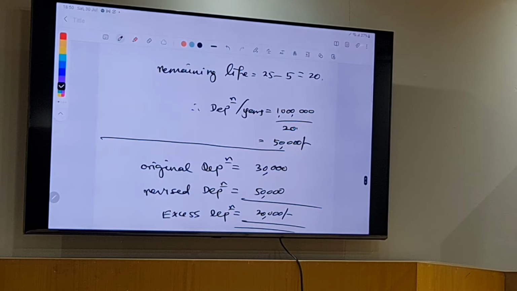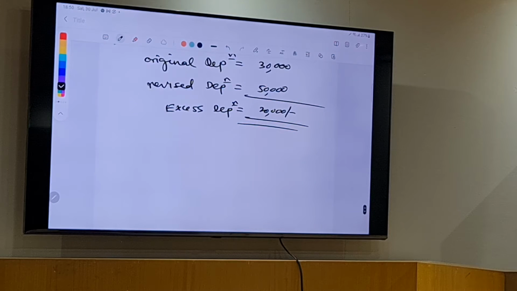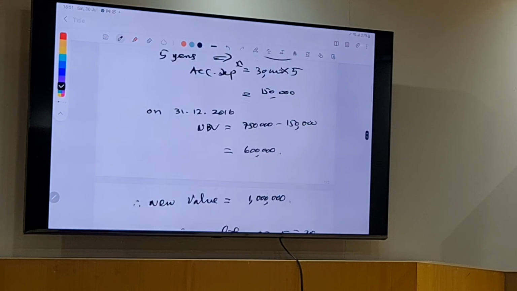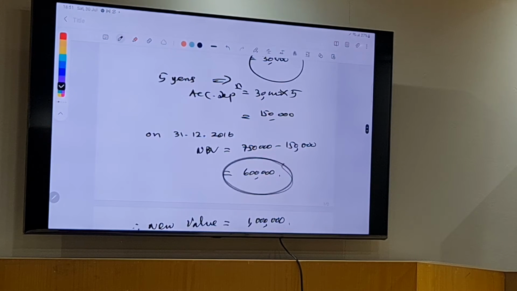So this is 7.17. Now your new value is 1 million. How much net book value? 600,000.